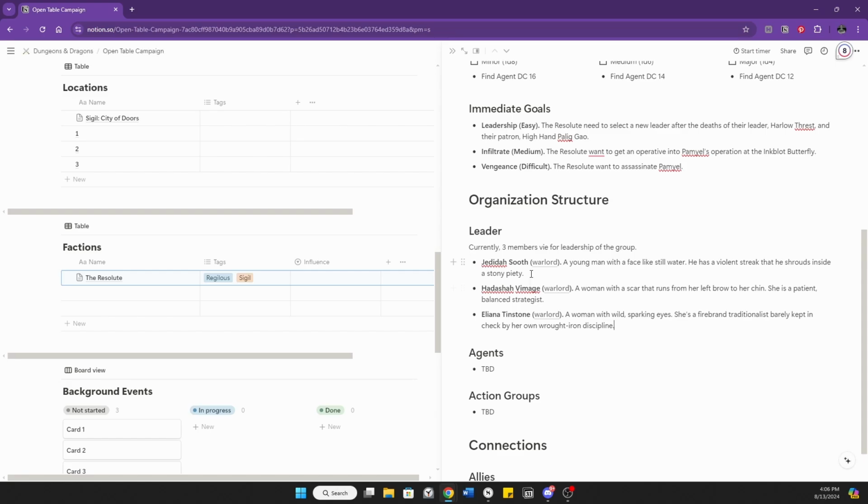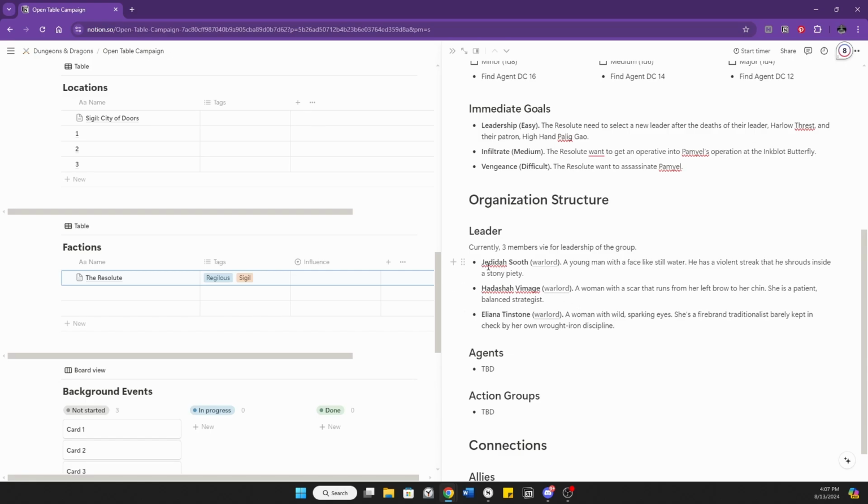Normally I would have one ruling council, or one governmental body, or I would narrow it down to a single cohesive group, or a single executive officer, like a king or a guild master or what have you. But this is a unique circumstance, so I've created 3 potentials, and as the characters interact with them, that may choose who becomes the leadership, or it may come down to faction actions.